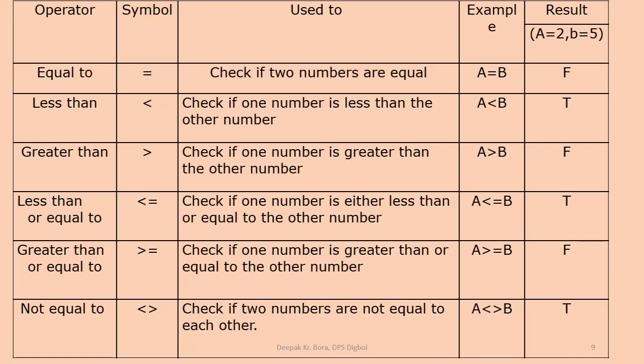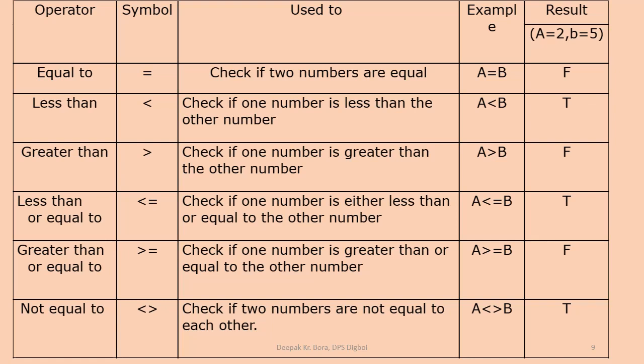Then less than, the symbol all of you know, and it checks if one number is less than the other number, that is A less than B. It is true. Greater than checks whether one number is greater than the other number, that is A greater than B, so the output is false.